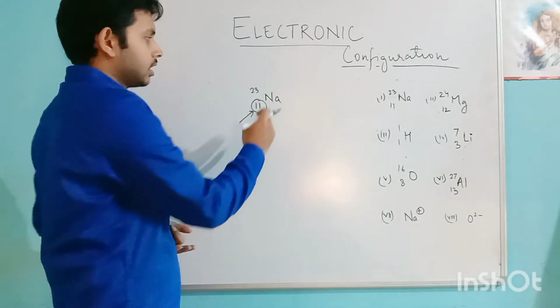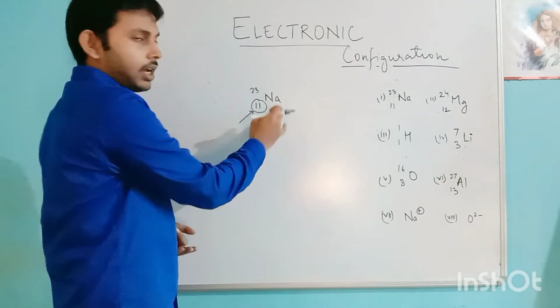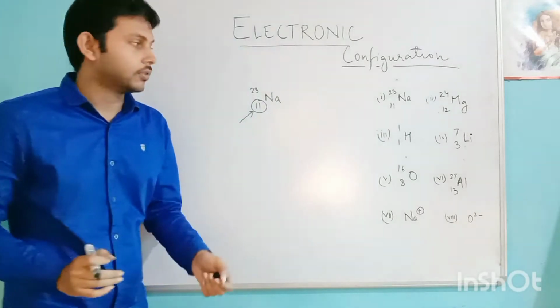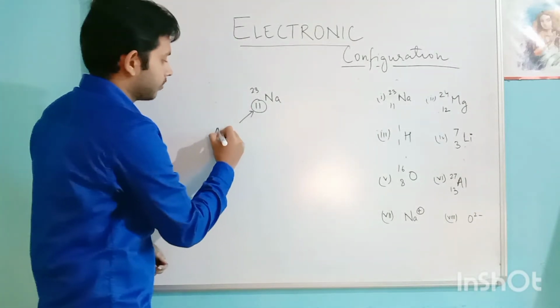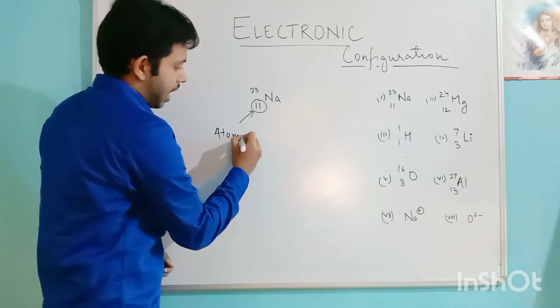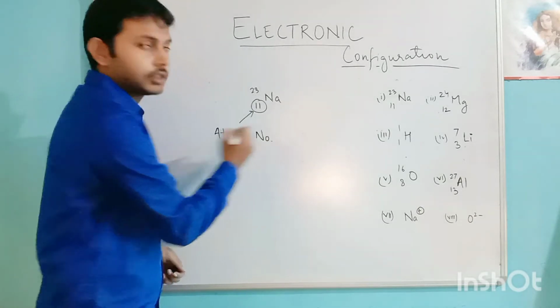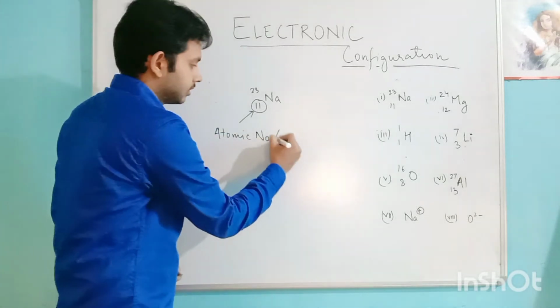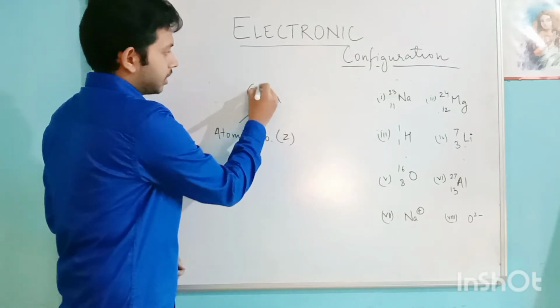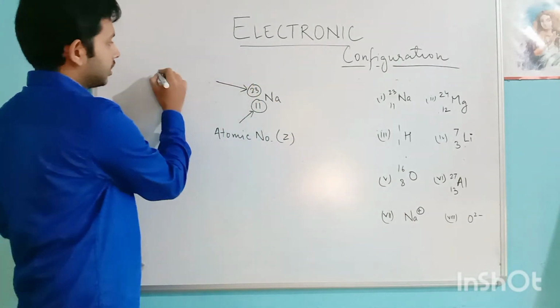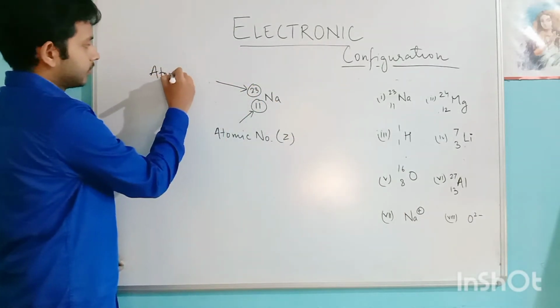In some books, the smaller one is written at up and the larger one is written at down. The smaller number is called the atomic number. And the symbol for atomic number is Z. And this number is called mass number or atomic mass number.